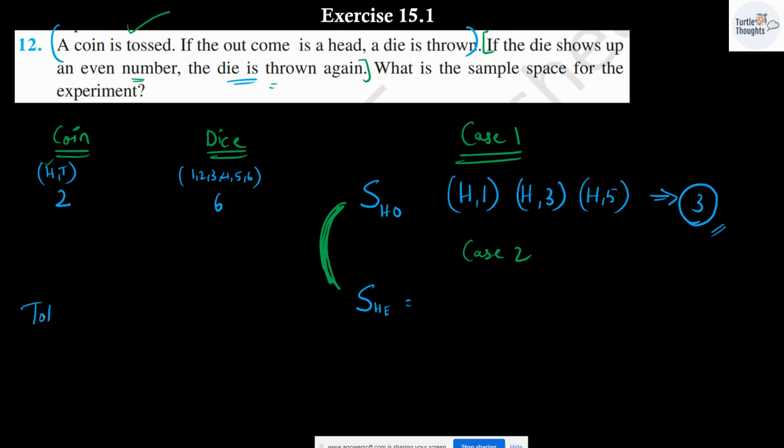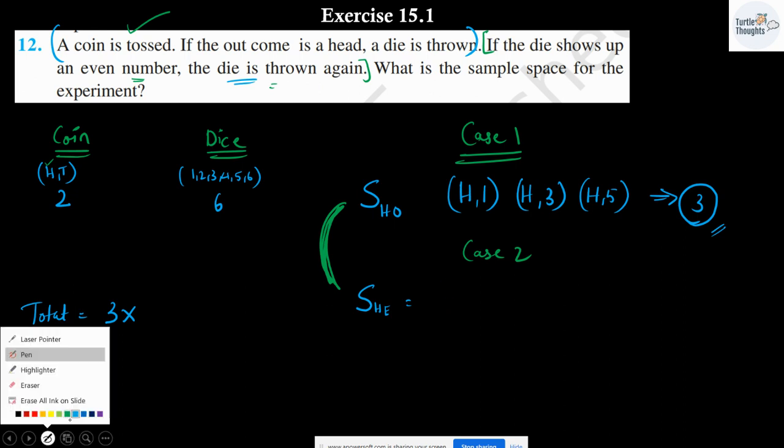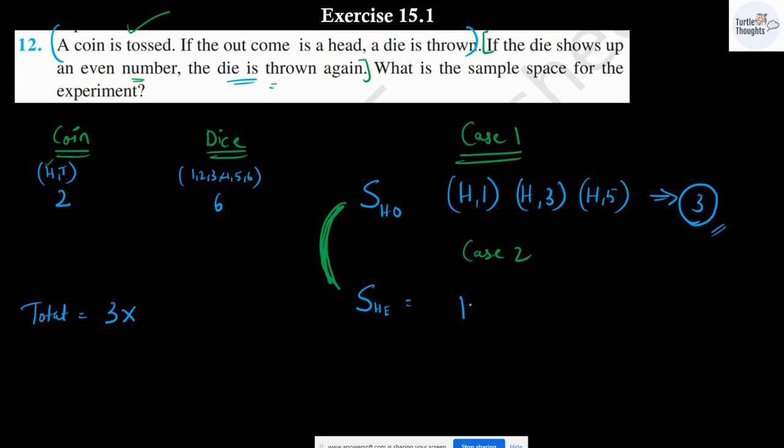So the total sample space is going to be 3 multiplied by the total possible outcomes. I can get a head, then I can get any of the even numbers, either 2, 4, or 6, and if I get any of these, I can go to the next step.